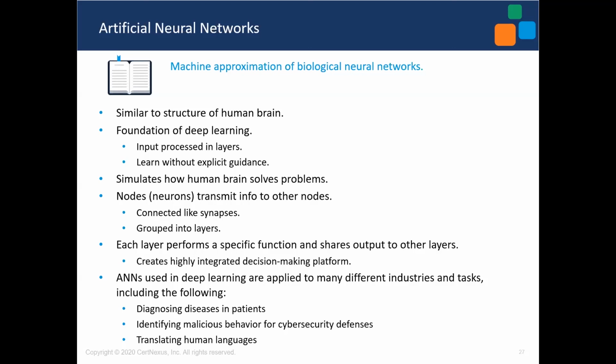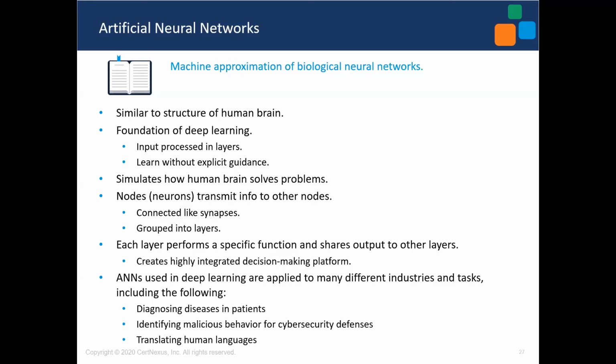So it's the foundation of deep learning. ANNs were the original deep learning. What we'll see, which is going to be different here, is that the input, as we saw before, is processed in layers, and it's going to learn without explicit guidance. So again, more computing power, and more intelligence, if you like, or capability within the algorithms or the models selected.